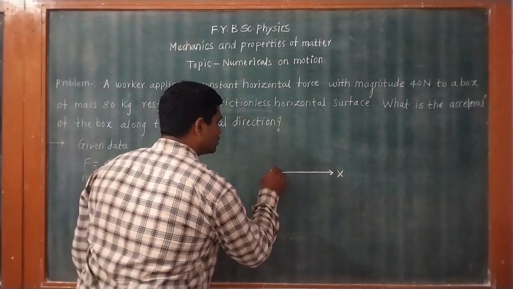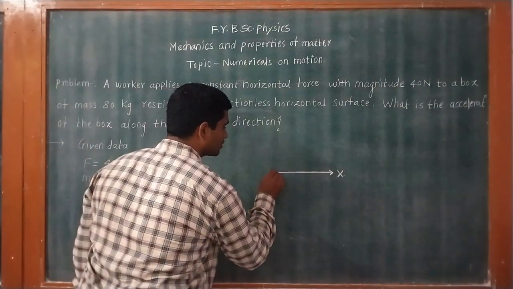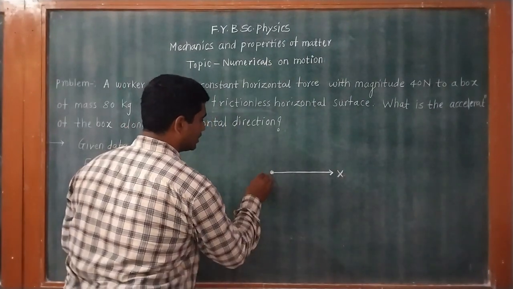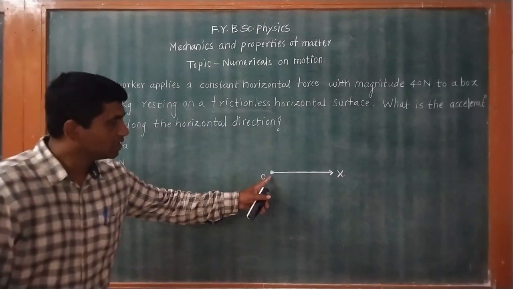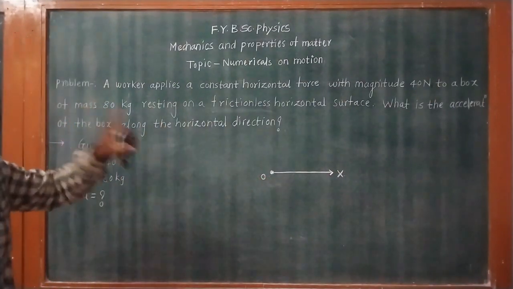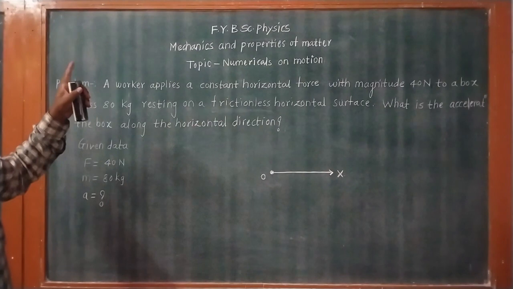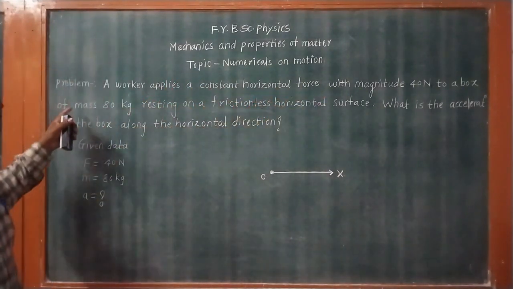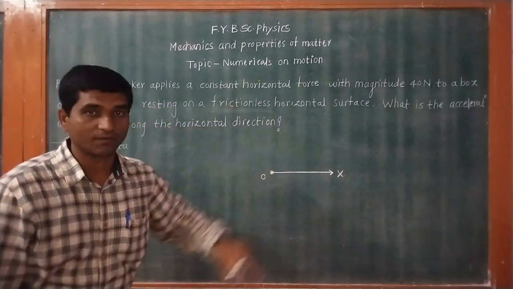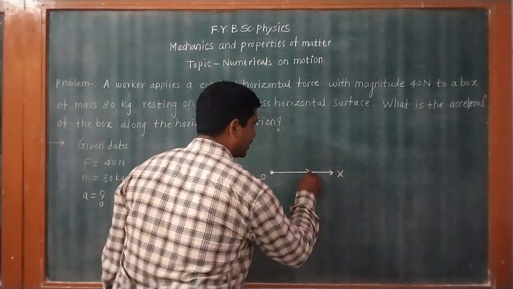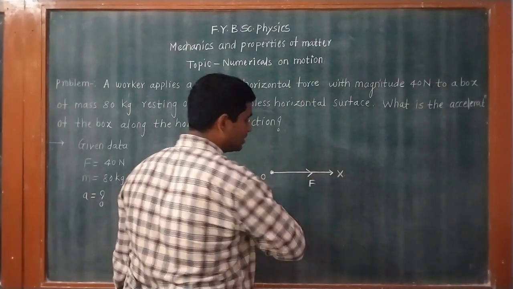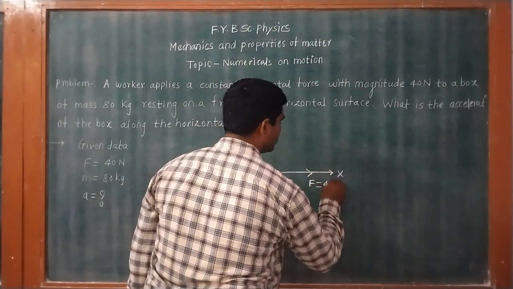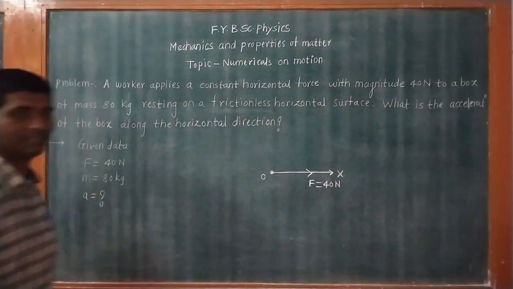At this point, let us consider this as point O, the box is kept, whose mass is 80 kg, and a worker applies a constant horizontal force with magnitude 40 Newton. So your force is acting in this direction, and its magnitude is 40 Newton.